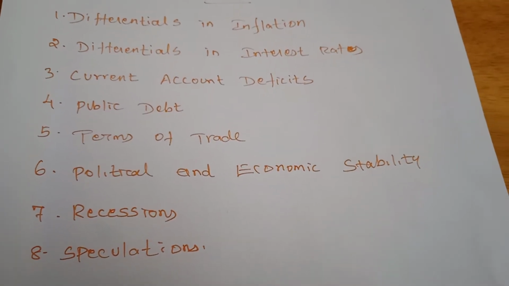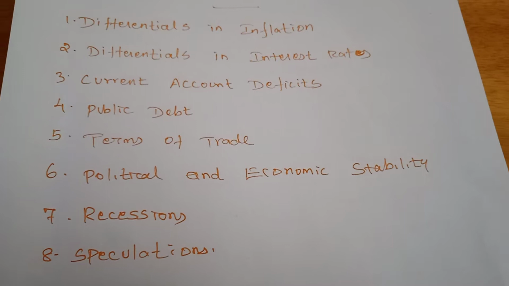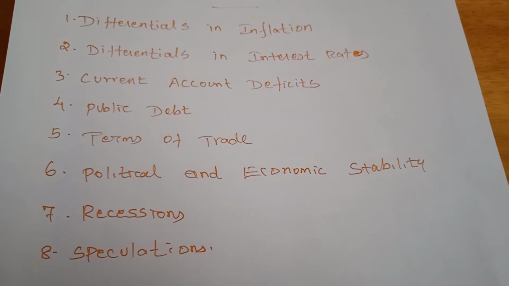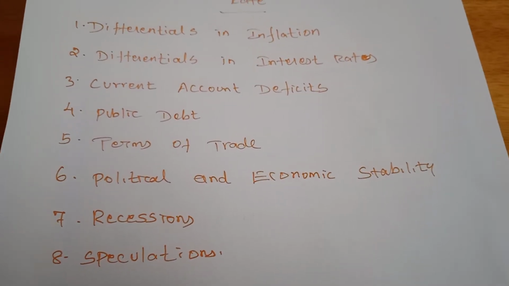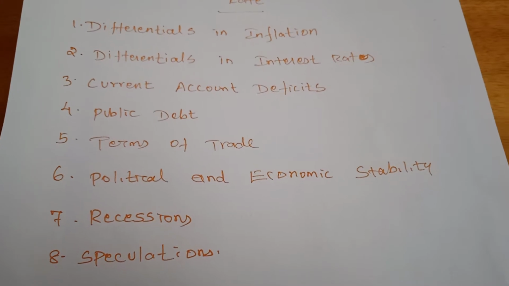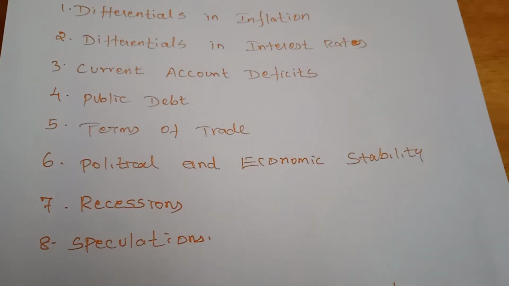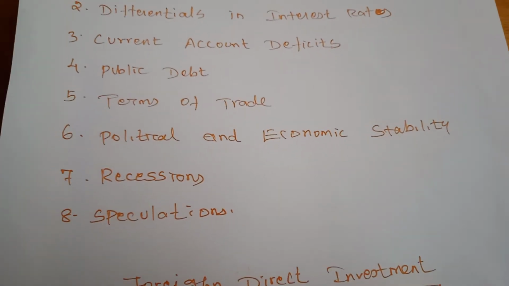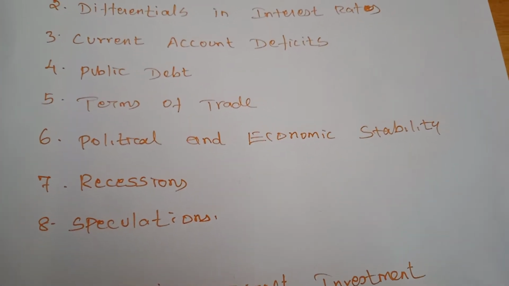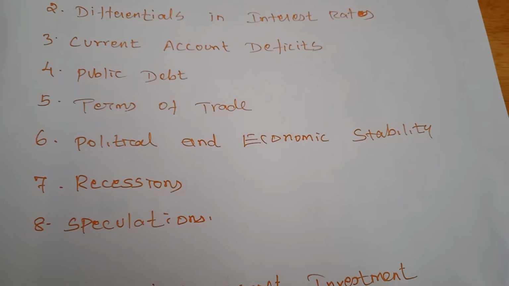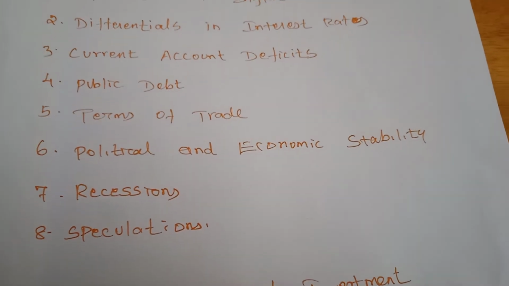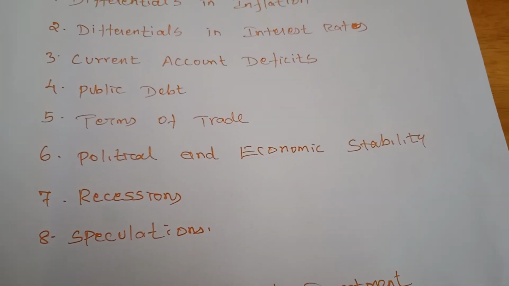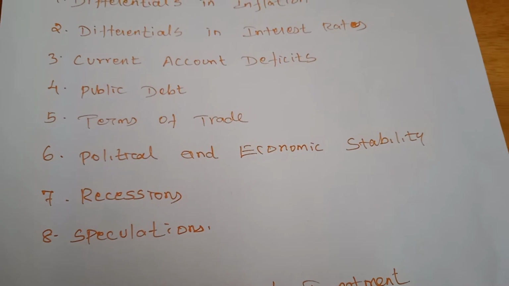When the ruling party makes rules favorable to international trade, it will be good. But if the political situation suddenly changes and economic stability falls, the exchange rate will come down.